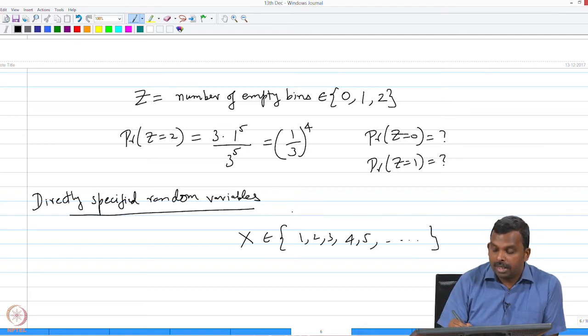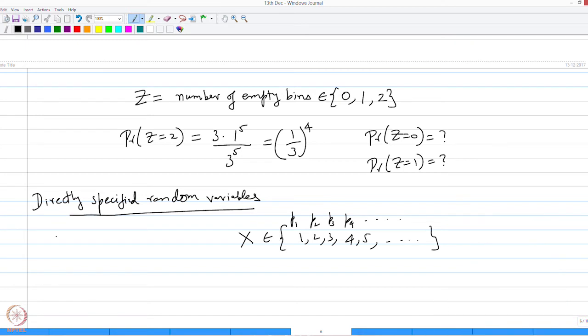And somebody will tell you that the probability of 1 is P1, probability of 2 is P2, P3, P4 and so on. Okay. So, the values of X and the probabilities are given. Okay. So, this is like just directly specifying this is the random variable I am considering.